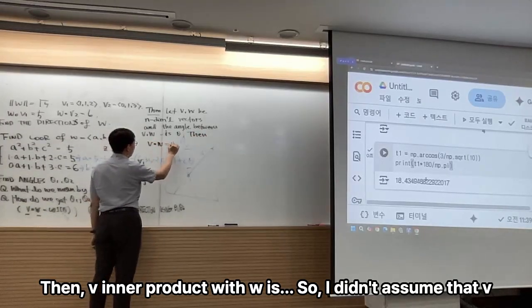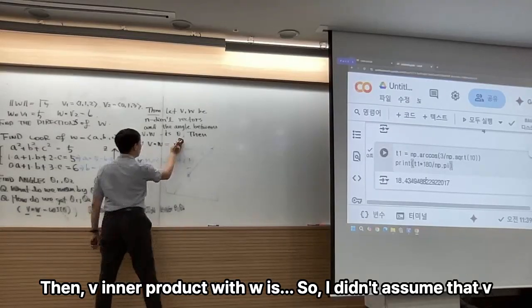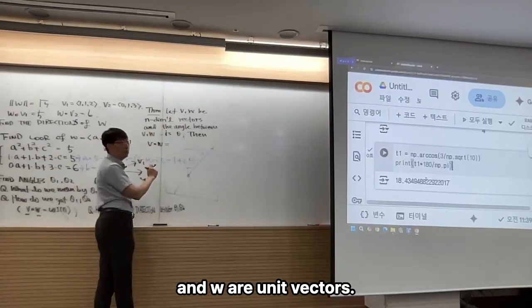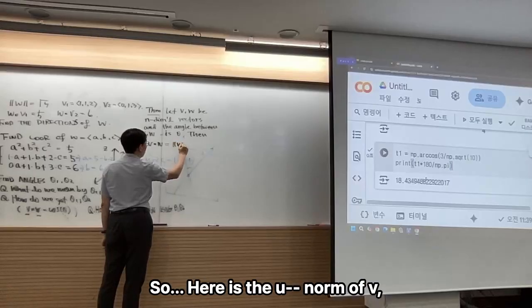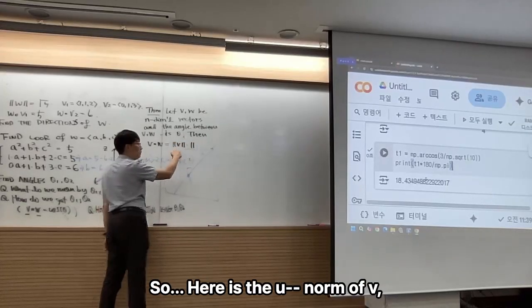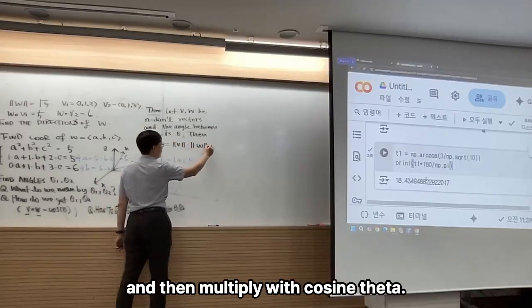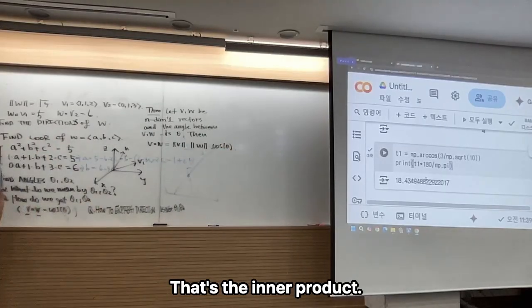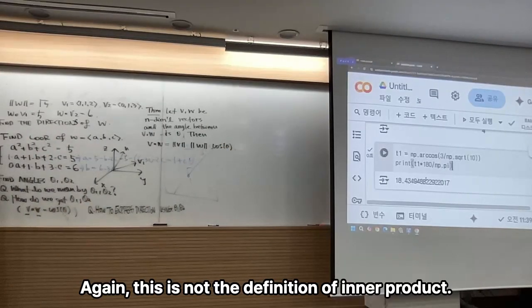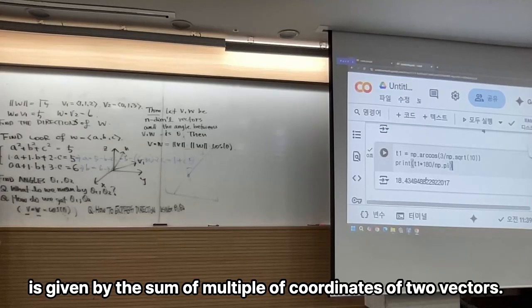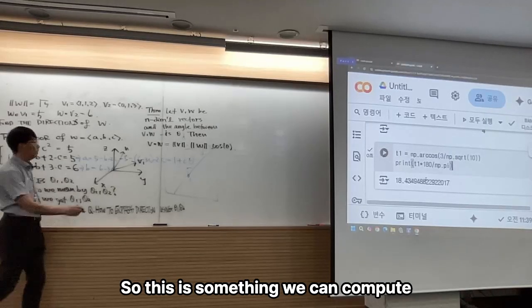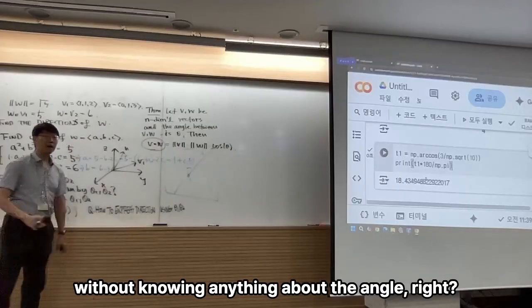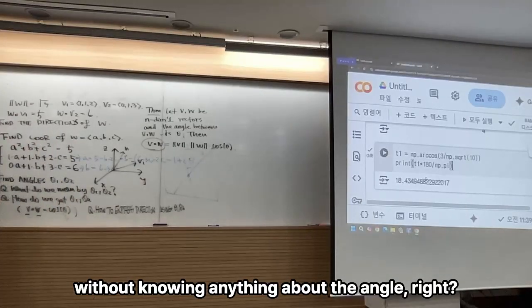Then V inner product with W is, so I didn't assume that V and W are unit vectors, so here is the norm of V, and here's the norm of W, and then multiply with cosine theta. That's the inner product. Again, this is not the definition of inner product. Definition of inner product is given by the sum of multiples of coordinates of two vectors. So this is something we can compute without knowing anything about the angle, right?